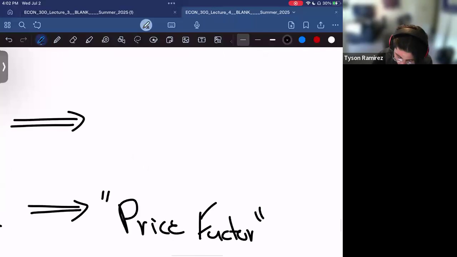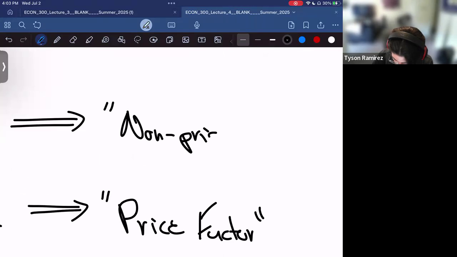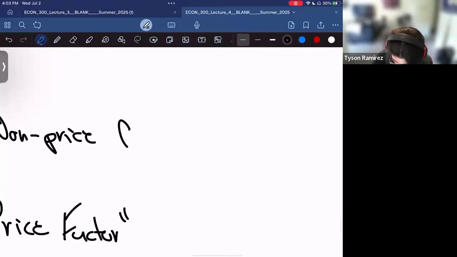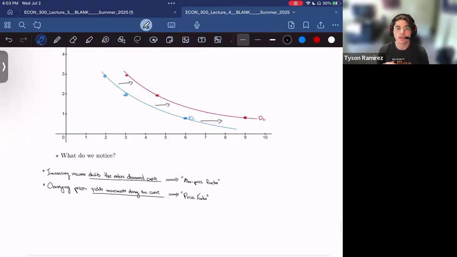Meanwhile, this change in income, in other words a non-price factor, is what resulted in shifting the curve entirely. This is one of those full circle moments that connects what we saw in principles of micro to how we can incorporate this into our mathematical models. This is exactly the result we want.